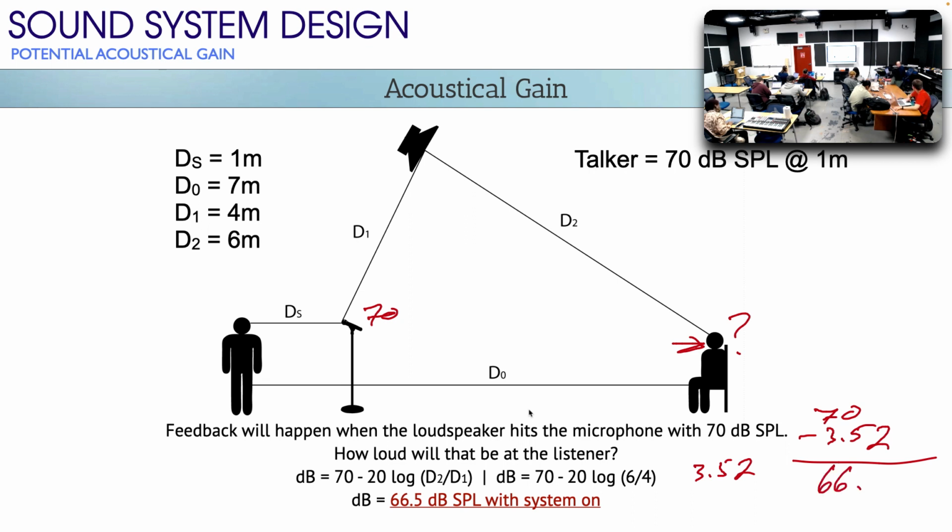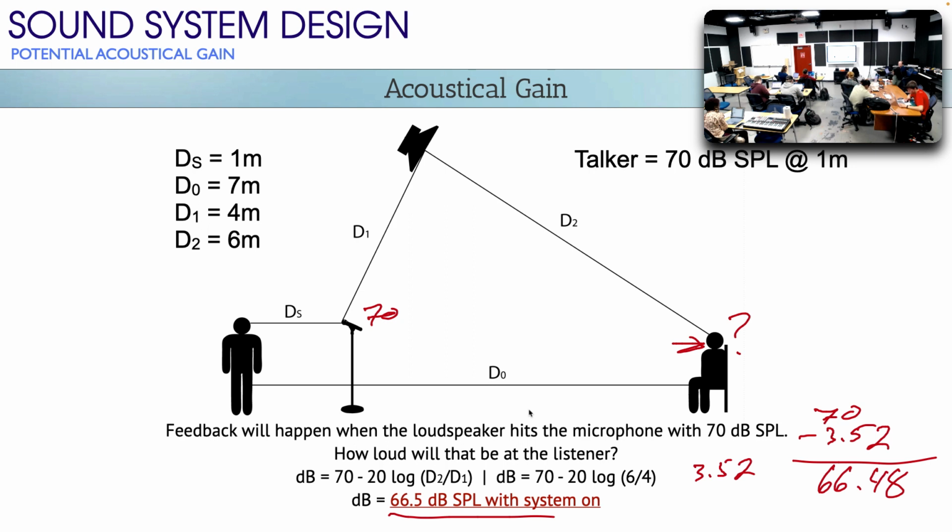66.48. Yeah, I'm calling that 66.5. I'm just rounding that. Okay, so we turn the sound system on, and we can make up to 66.5 dB SPL worth of sound before it feeds back.